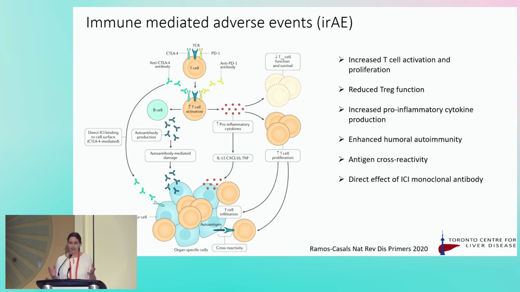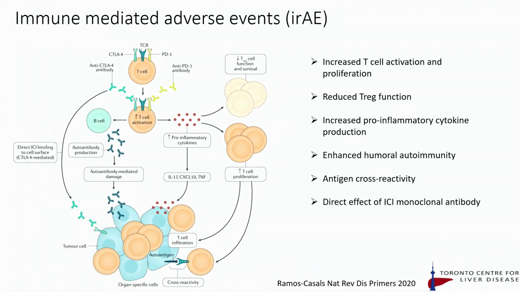They work in slightly different non-redundant ways, but globally, our understanding of their function and the way that they interfere with immune homeostasis to result in these adverse effects is through their effects on effector T cell activation and proliferation, their reduction in T regulatory cell function, and through increased pro-inflammatory cytokine production.